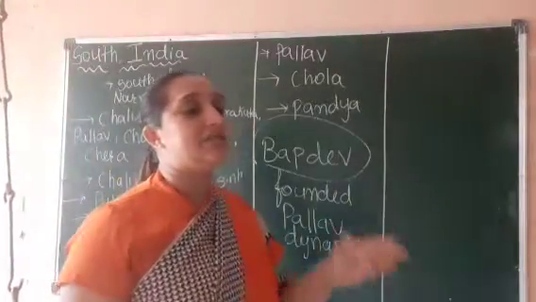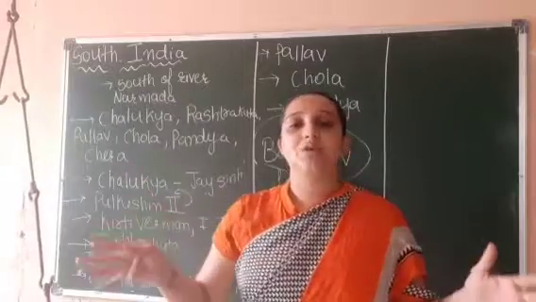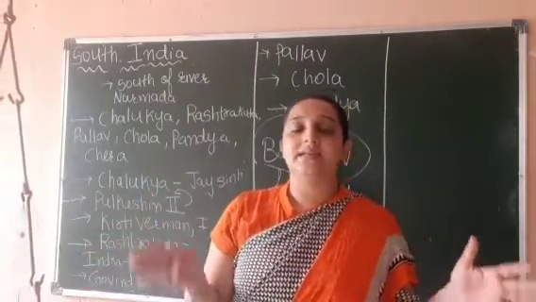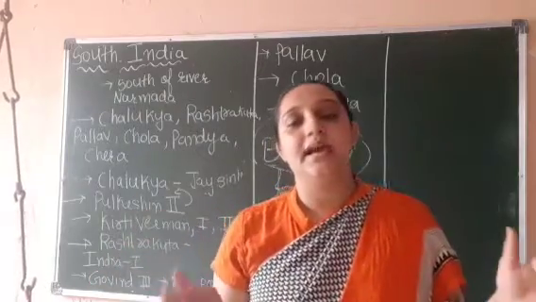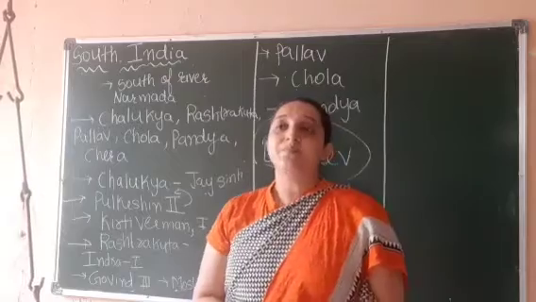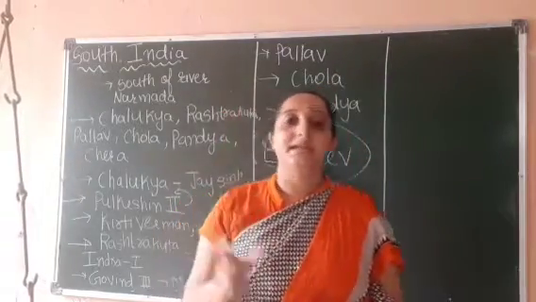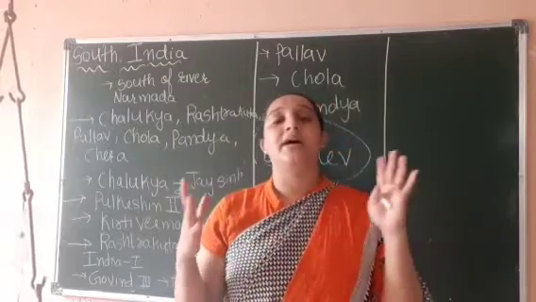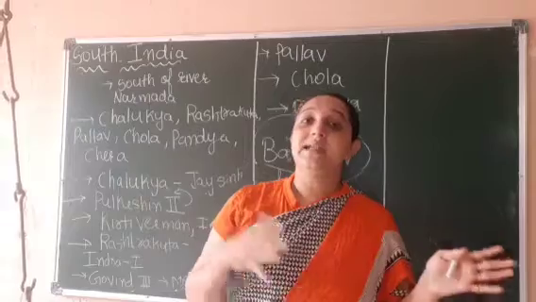And when the administration work of Chera started declining, slowly Delhi Sultanate came into India and started attacking different places of India, right? So in this way we have learned about the south part and north part of India, how Rajput rule came to existence, how it came to an end.